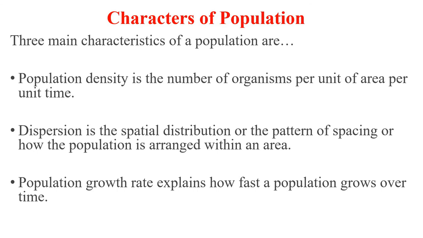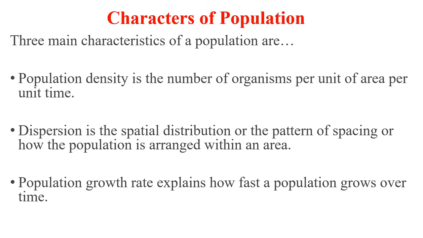Now we'll consider the next point, that is characters of population. Three main characteristics of population, that is one, population density, which is nothing but number of organisms per unit area per unit time. Then second one, dispersion, that is spatial distribution or pattern of spacing or how the population is organized or arranged within an area.